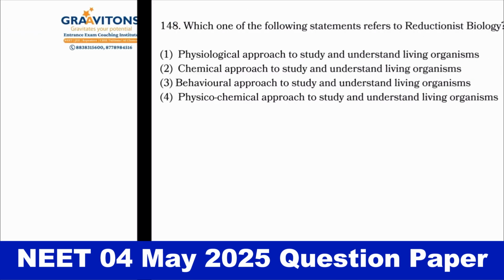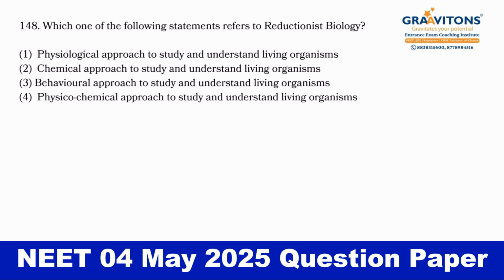And next one, 148. Which one of the following statements refers to reductionist biology? Actually, this particular phrase and the detail regarding it is given in the introduction part of the lesson. So, here the answer: reductionist biology means physico-chemical approach to study and understand living organisms. This is the explanation for this question.